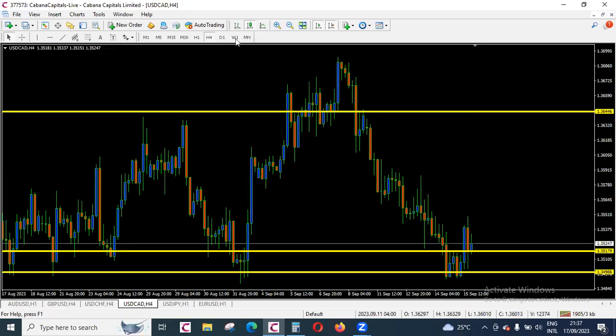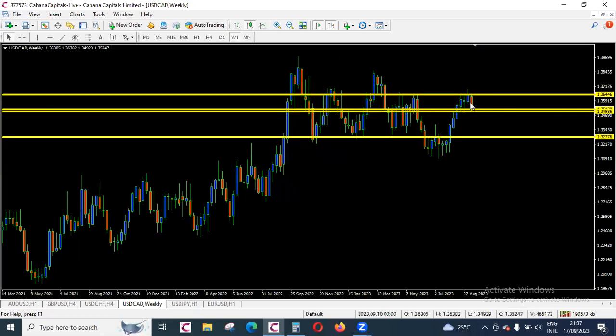We could also get the weekly pivots to know the best price to execute a buy trade. We need to get the pivots of last week's candle, 1.3638 plus 34 plus. That's 1.3551.